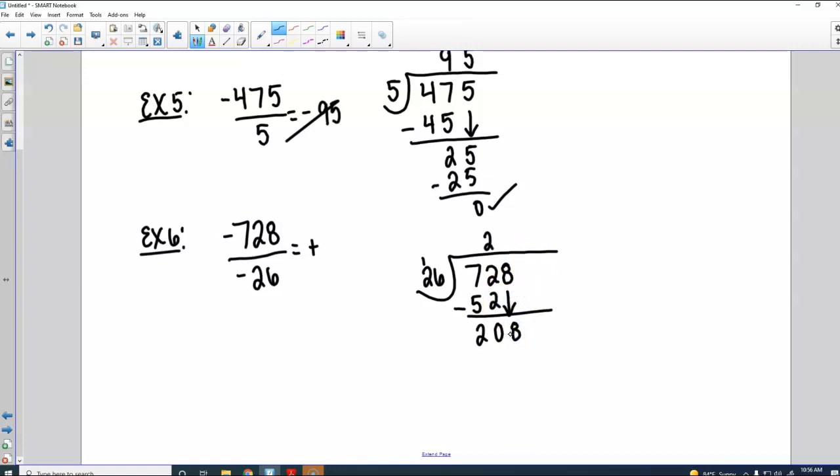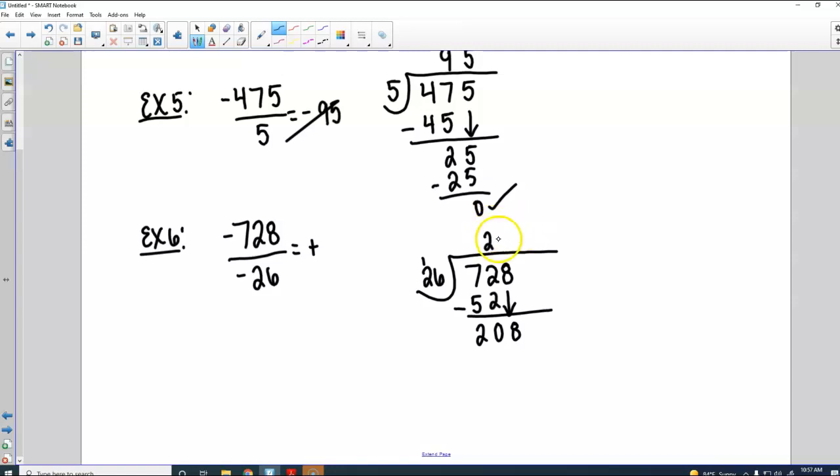How many times do you think 26 goes into 208? What? You think it's going to be 4? Let's see, 4 times 25 would give you 100. I think it's going to be more than 4. Let's see. 25 times 8.